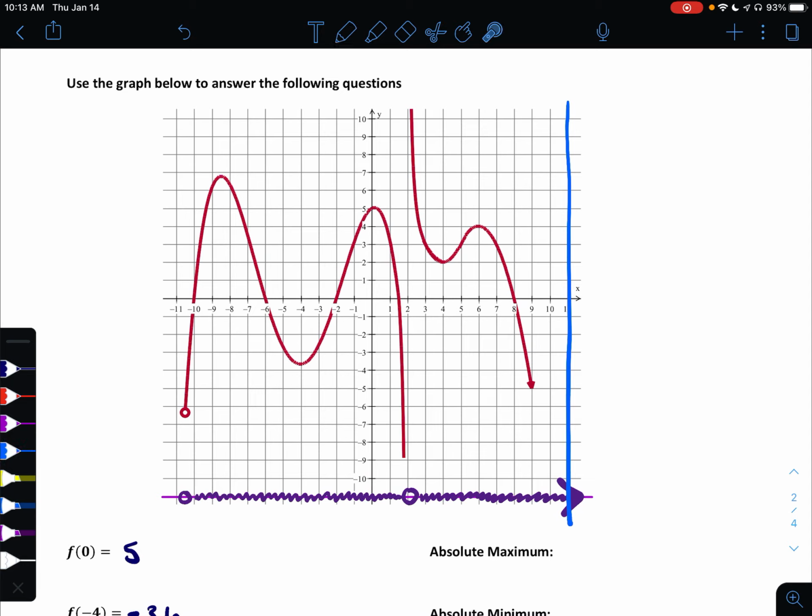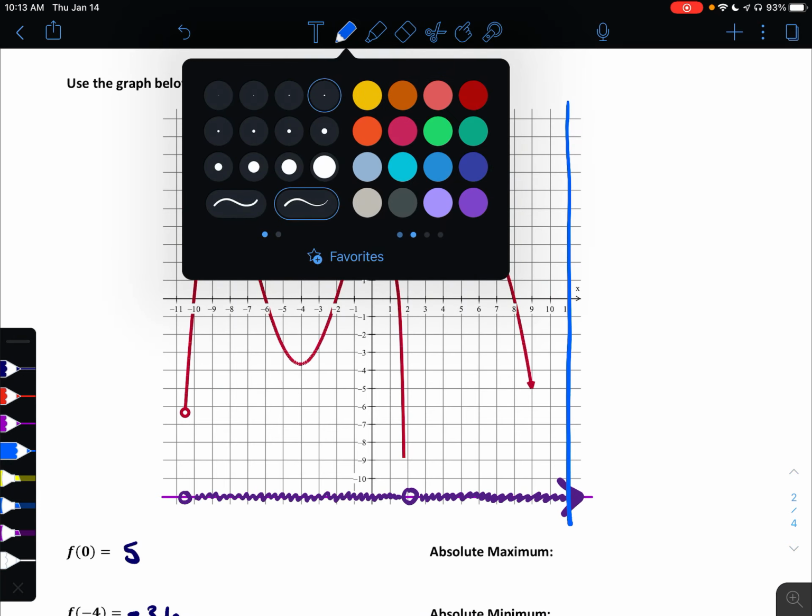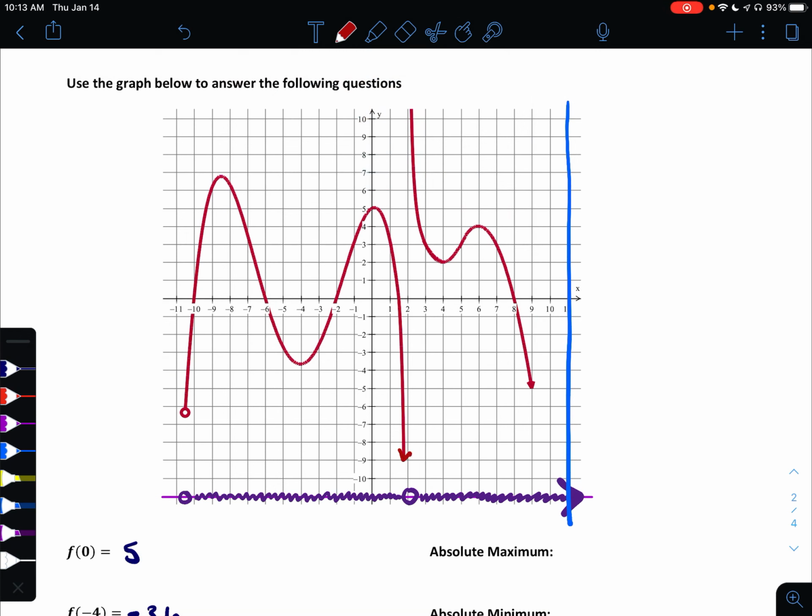Now here, even though this one doesn't have an arrow on it, because it also doesn't have a closed circle or an open circle, we can just sort of assume that this continues, and same with this guy up here. There's no open or closed circle. We can just assume that that's an arrow. That's a safe assumption. Unless you have a clear open or closed circle at an endpoint, even if there isn't an arrow on it, it's a safe assumption, okay?